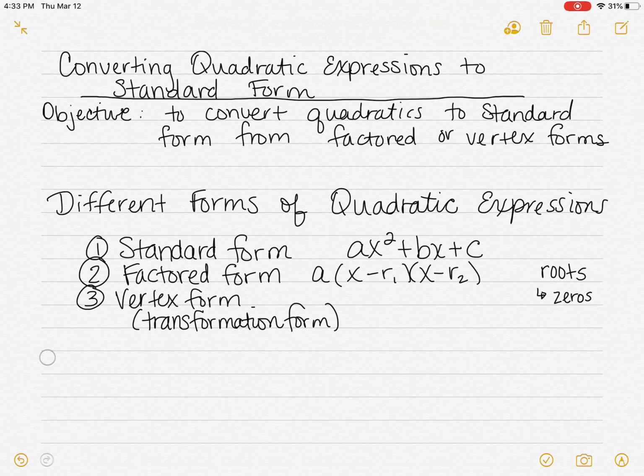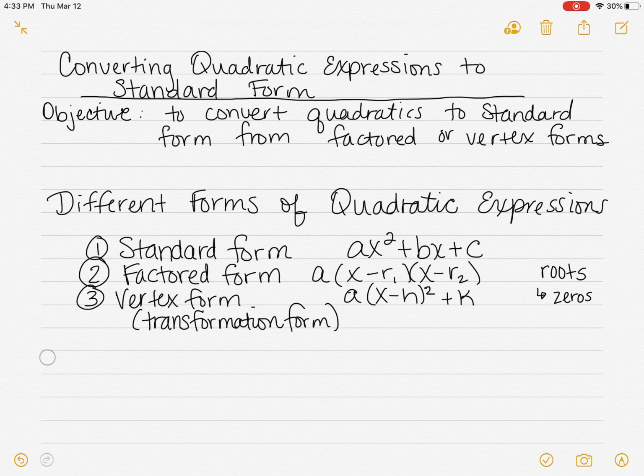That vertex form is a times x minus h squared plus k. Each of these forms is unique in that they tell us different characteristics about the graph of the quadratic expression. We will talk about that later on as we look at graphing quadratic equations.